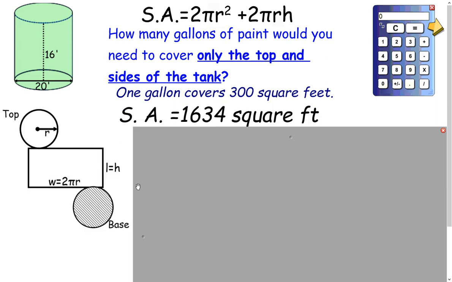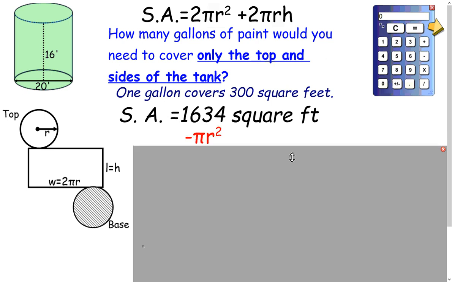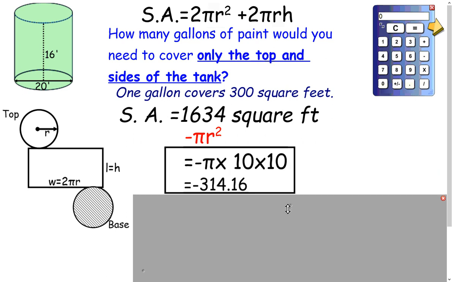We have a surface area of 1,634 square feet, but we don't want to do the base here. So we're going to take the area of the base, and we're going to subtract it out. We're going to subtract pi r squared, the area of the base. So pi r squared is 3.1416 times our r of 10 times 10.